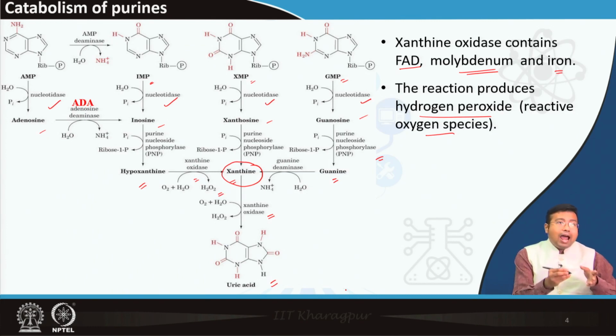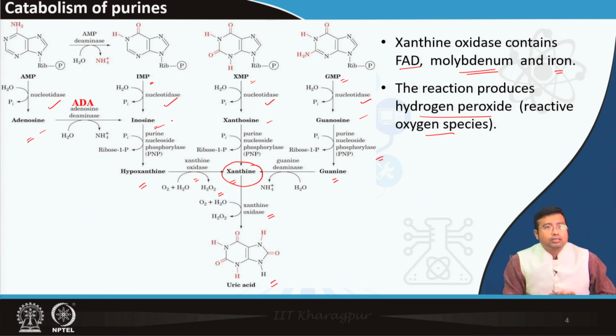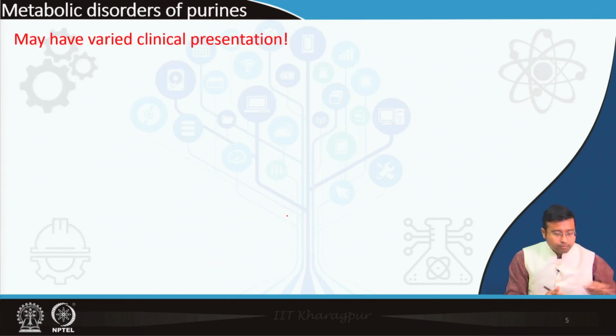And adenosine to inosine, this conversion is done by the enzyme adenosine deaminase, also abbreviated as ADA. Later, when we are discussing various disorders, all these names will be very handy. Adenosine deaminase, purine nucleoside phosphorylase, xanthine oxidase, all of them are very important.